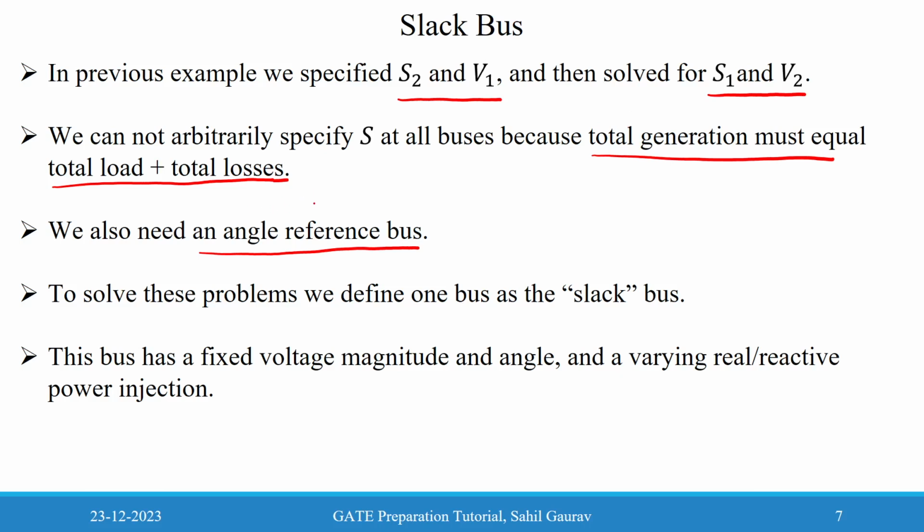If the system has power generation and power demand specified, how can you justify that total generation equals total load plus total losses? The slack bus takes care of this, with varying real and reactive power injection, while both voltage magnitude and angle are specified.